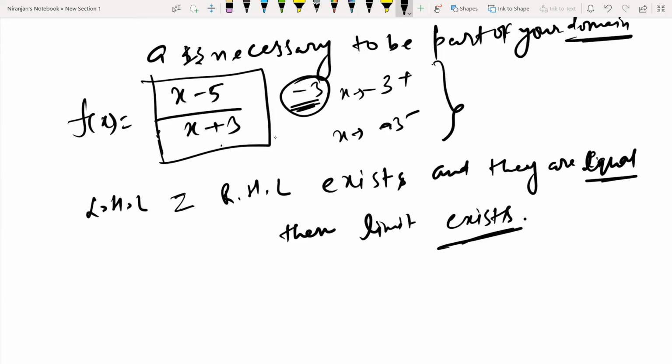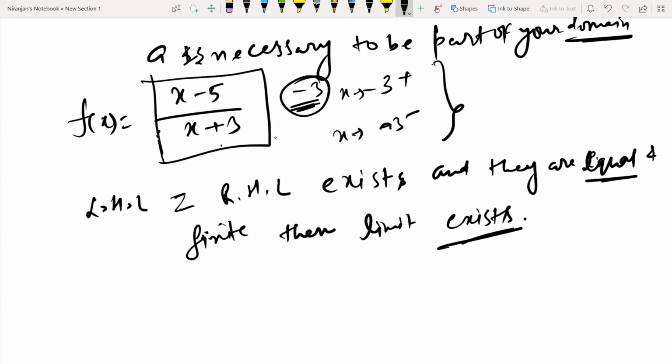If your left-hand side limit and right-hand side limit are equal and they exist, wait, I lost one more thing: equal and finite, because your RHL and LHL both can be infinity as well. And there is no sense of infinity in our mathematics system. We haven't built a real number system where infinity makes sense. So in the real number system that we have built, there is no sense for infinity. So forget about that.